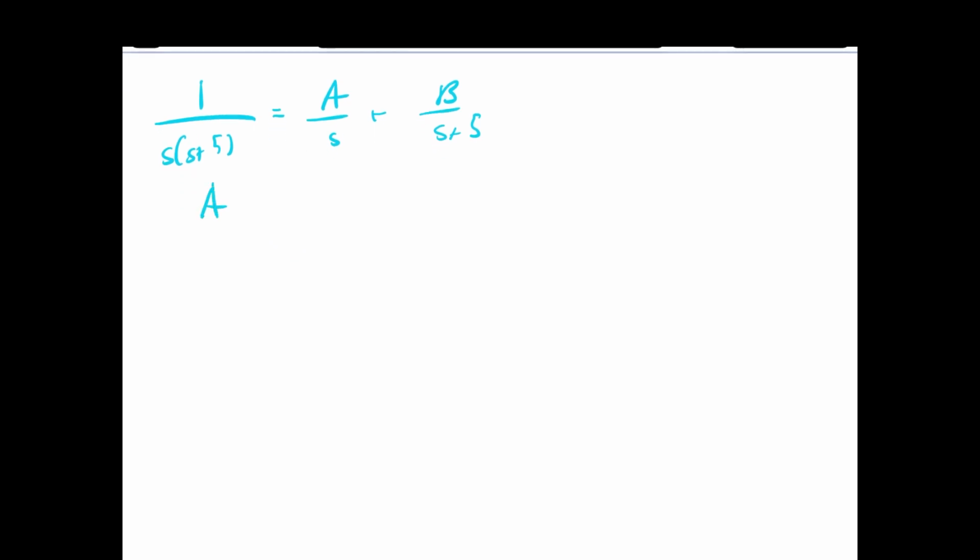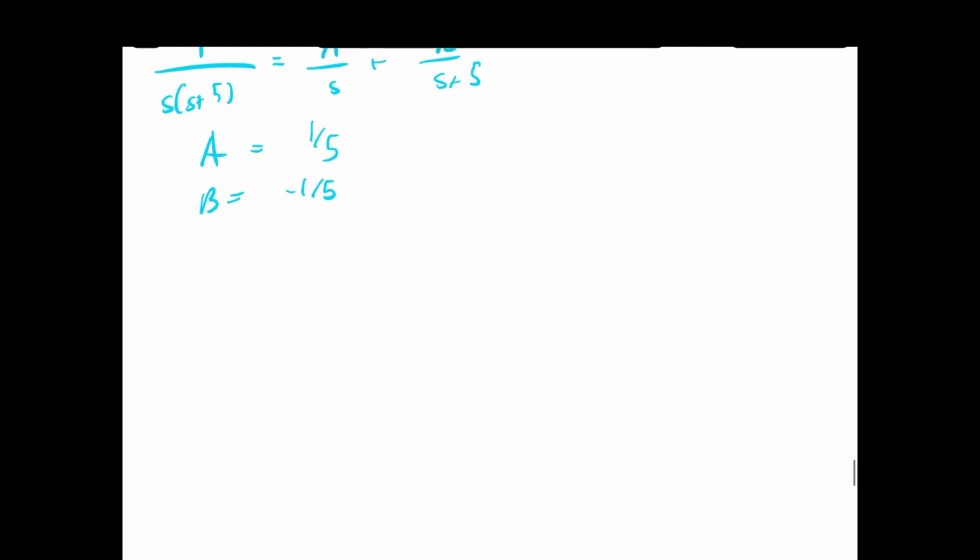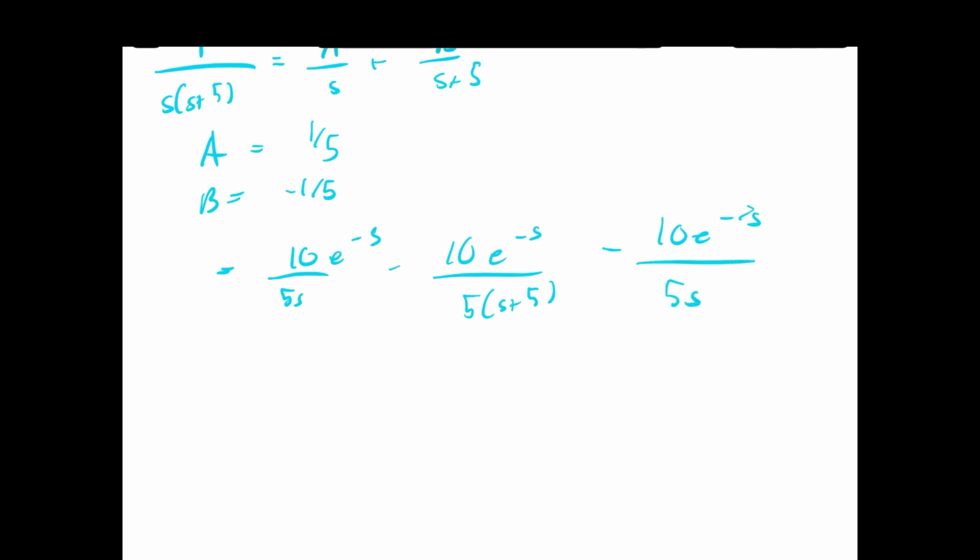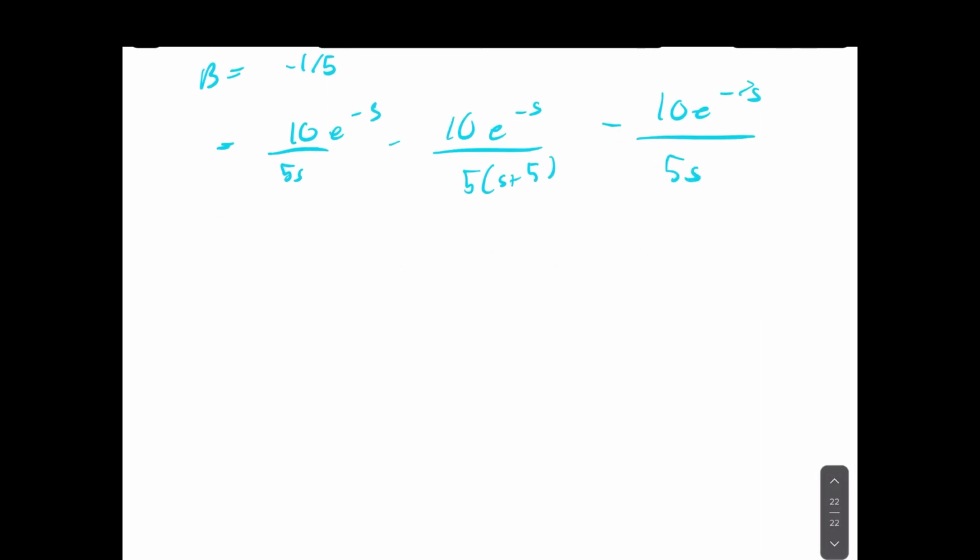In the end, a equals 1 over 5, and b equals negative 1 over 5, and then I end up subbing everything in.